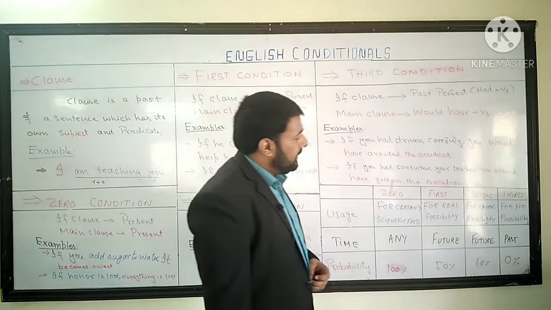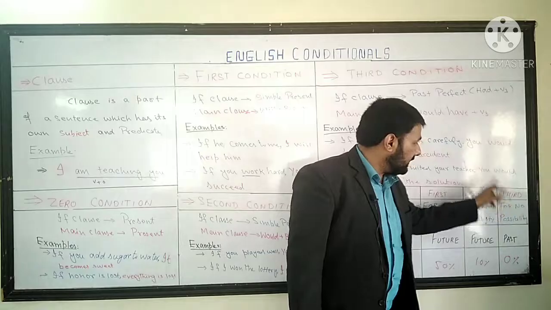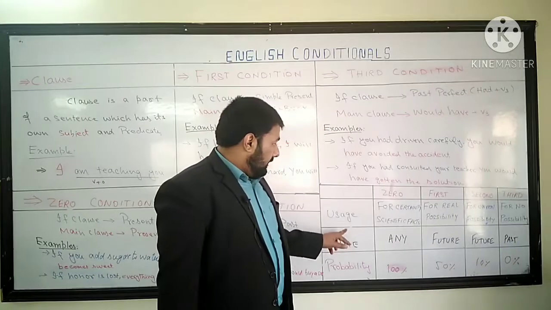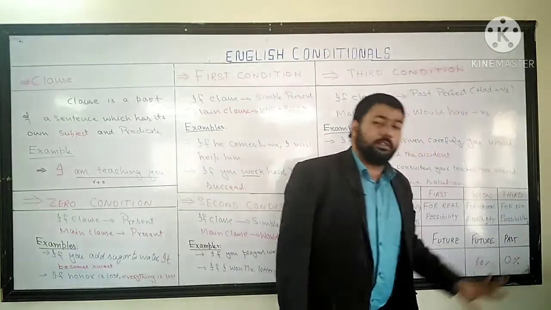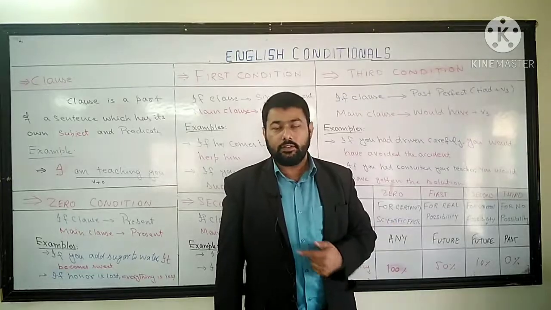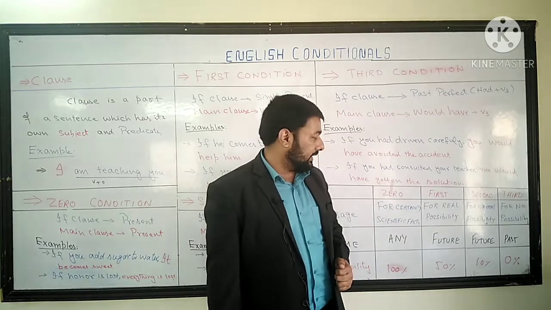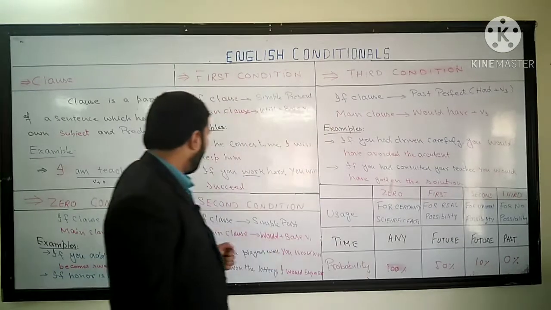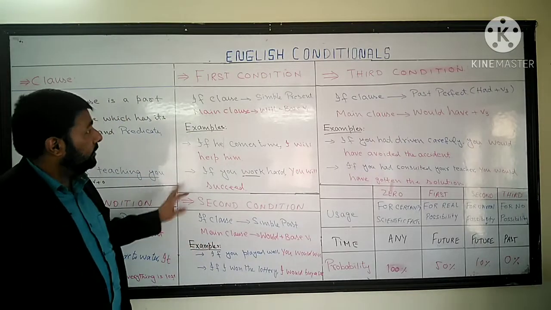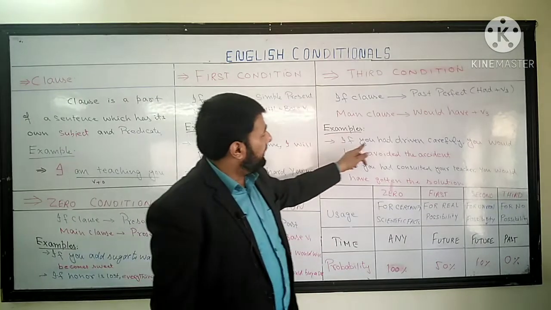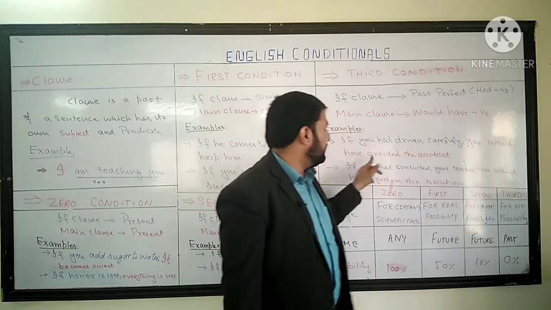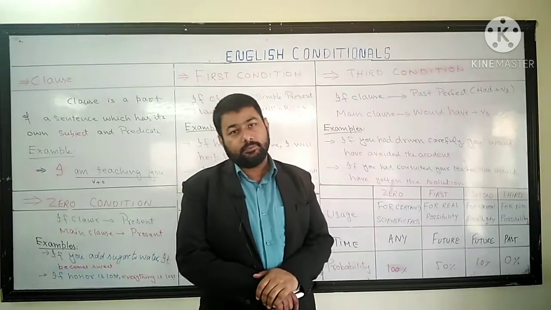Now let's come towards the last one, the third conditional. Its usage is for no possibility. Nothing can be done now. We will go back towards the sentence to elaborate it. Third condition: if you had driven carefully, you would have avoided the accident.